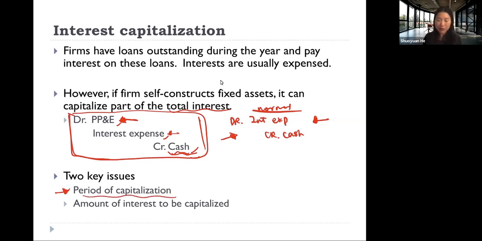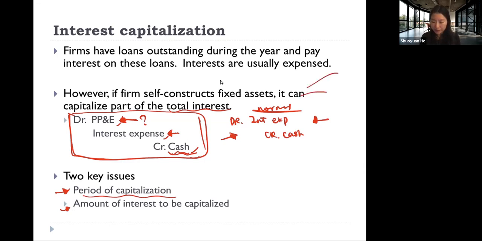So the period of capitalization is for how many periods we can make this journal entry. And then the second question is the amount of interest to be capitalized. Or in other words, what is the amount that can go into the cost of the PP&E, the fixed asset? So that is the second question.